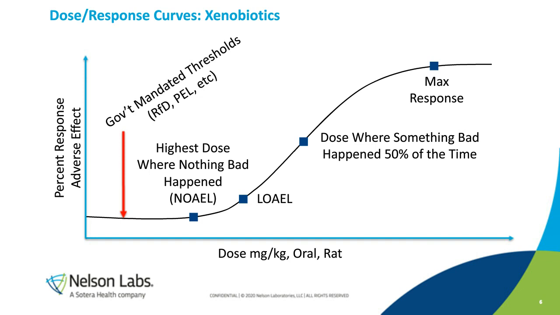We have all of this data out there on what happens when systems are exposed to these chemicals. Now, if you think about this in the context of medical devices and medical device biocompatibility, if we want to use that information in the literature, what do we really need to do?